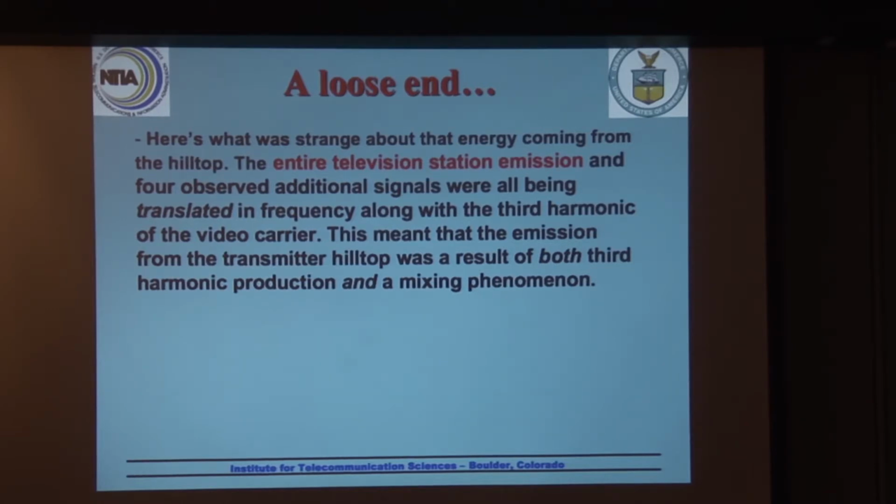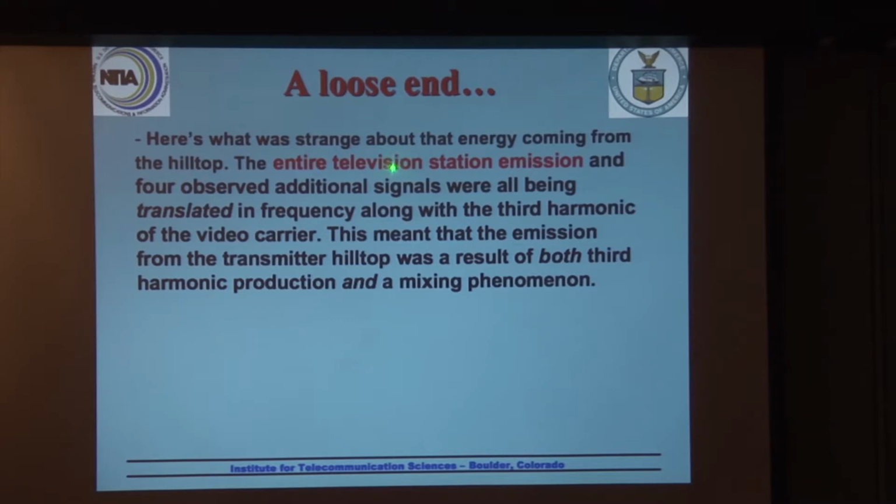Okay, what's the difference? The difference is you've got 2 signals in the analog TV transmission that are 4.5 megahertz apart, audio and video carriers. If you take a third harmonic of both of those, you multiply the first signal by 3 in frequency, and you multiply the second carrier by 3 in frequency.